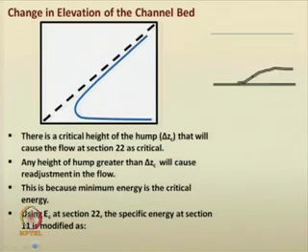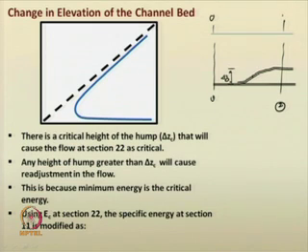Again with the same thing, del z, this is section 1, section 2. You know that E2 is equal to E1 minus del z, that is, the specific energy at section 2, E2, is nothing but E1 minus del z.